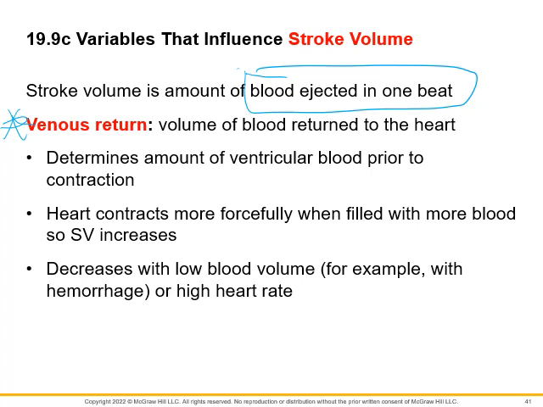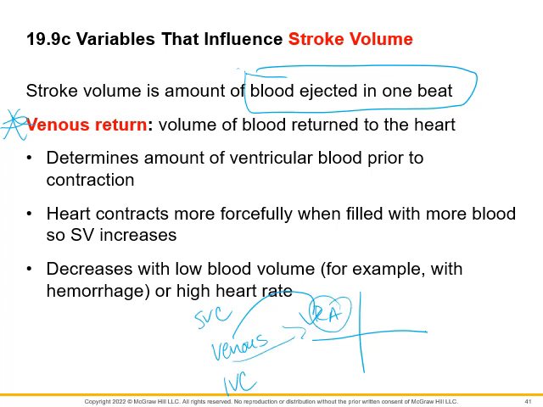So what they're saying is, here's my right atrium, and remember we're returning all blood. So this is venous blood. When I say venous, hopefully we're making the superior vena cava, inferior vena cava connection, right? So all the venous blood, the deoxygenated blood, is going to the right atrium. What they're saying is if you put less into the heart, are you going to eject less from the heart?